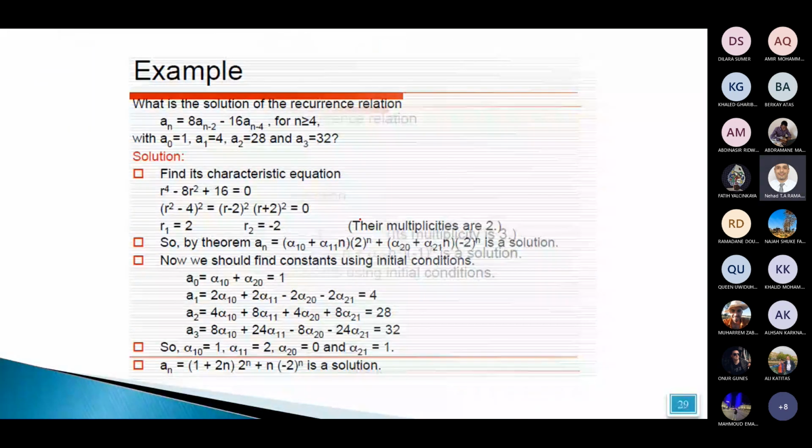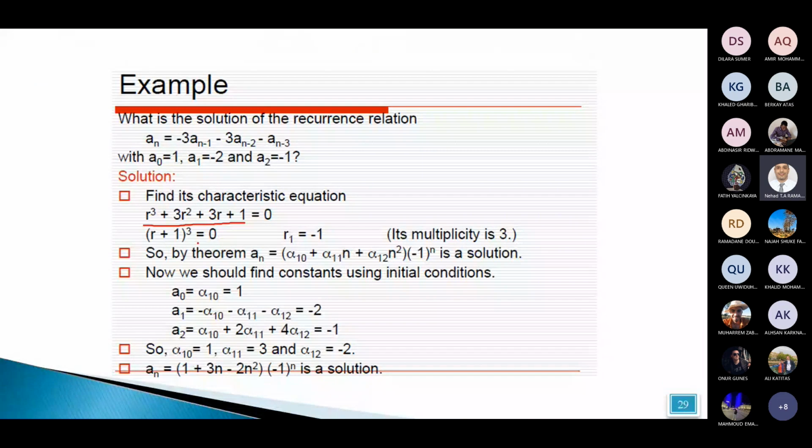If you look, you will have only one solution. It's r to the power 3, so it will give us one solution. But one solution 3 times, because it's power 3 here. So the multiplicity here is 3.